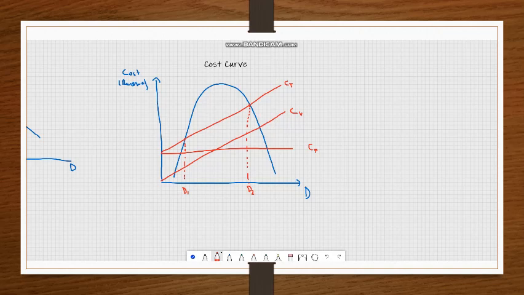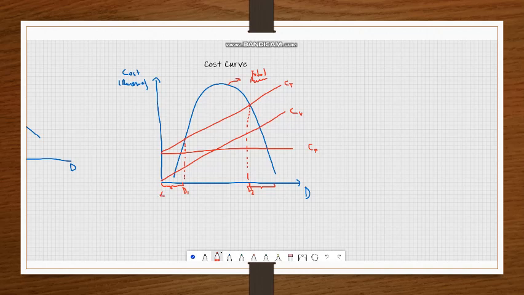As we see here in this region and in this region, this curve basically is the revenue. Okay, the total revenue curve. So as we see here, if we have less than this one, our revenue is less than total cost.